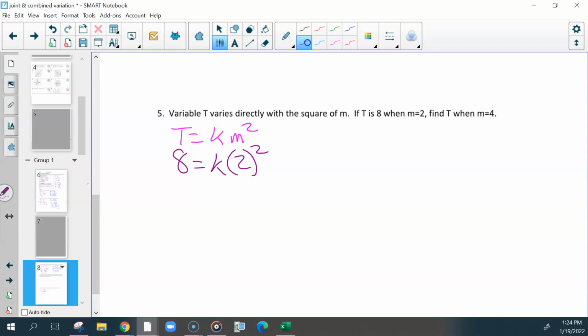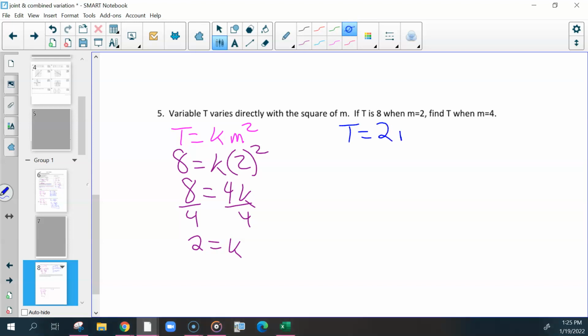And then you could solve for K. So square your 2, divide both sides, we get 2 equals K. And then we can put that back in and start solving for whatever else is missing. So now we have to find T when M is 4.